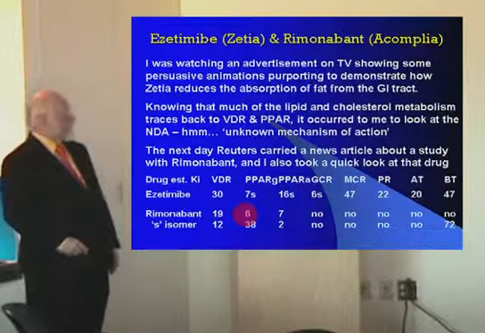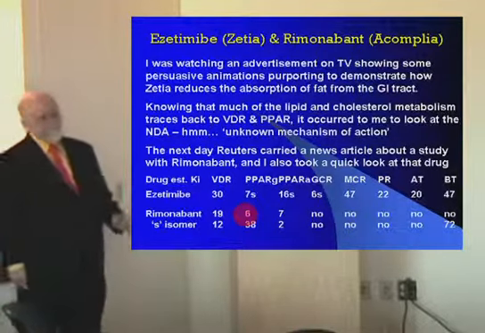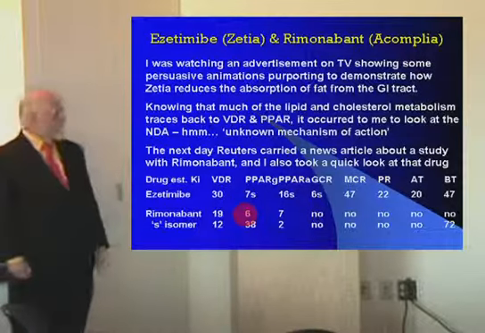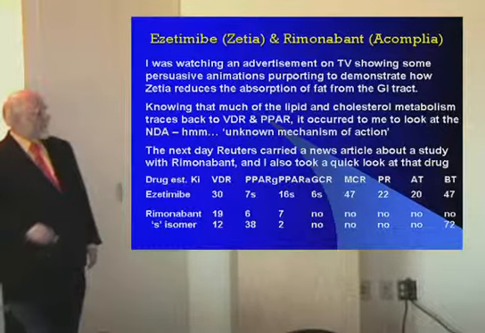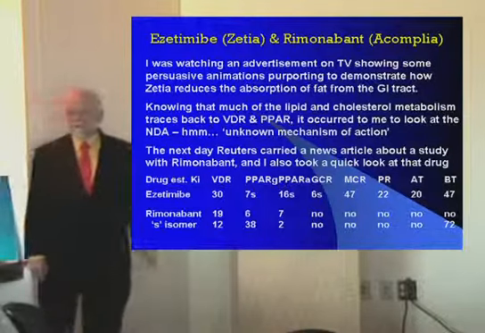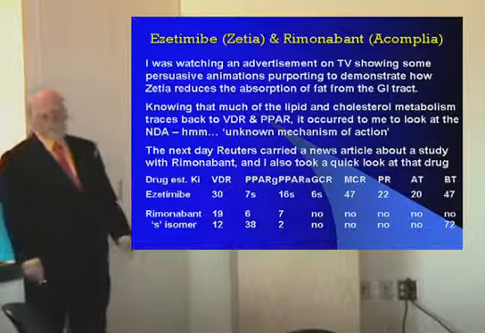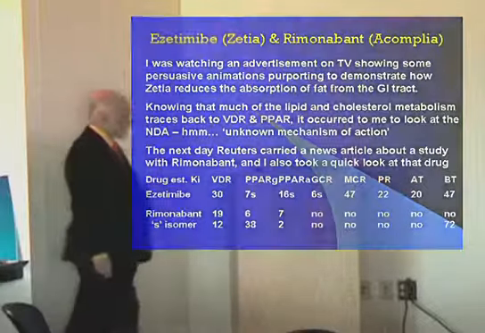And this isomer's effect on VDR is moderate, probably wouldn't show up at the 25 milligrams used in the trials. Similarly, for ezetimibe, just like the statins, it affects the PPARs and affects them fairly strongly. 7 nanomolar is a fairly strong affinity at a typical dosage for ezetimibe, which is also in the 25 milligrams a day region.